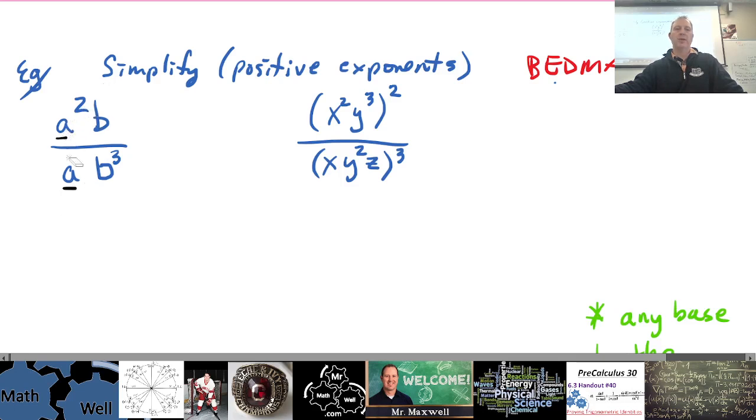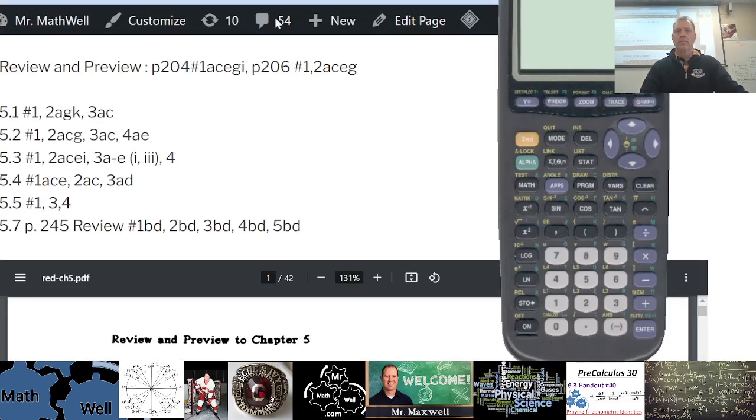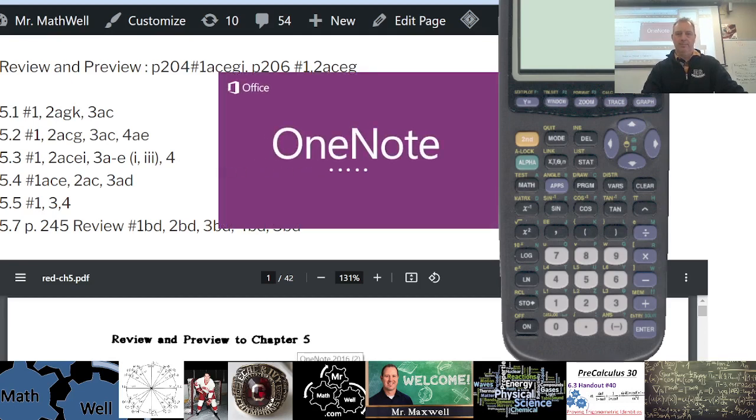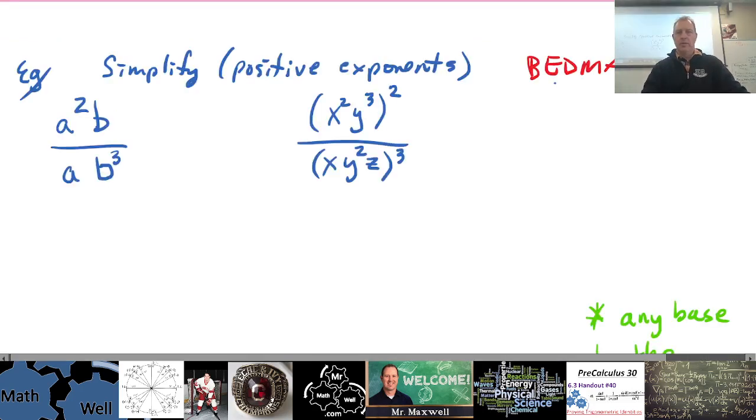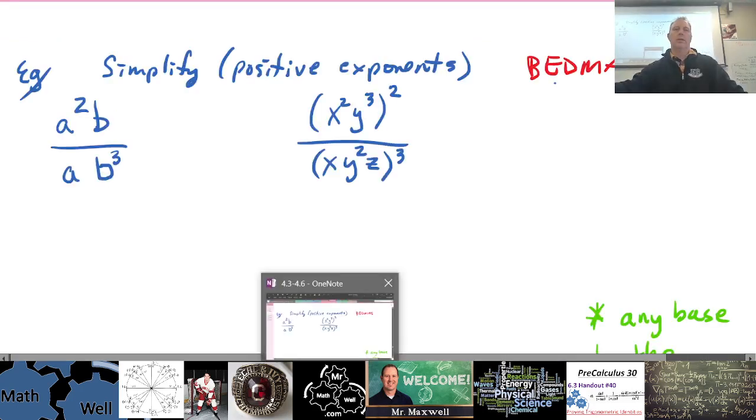You see a squared here, and this is a to the power of 1 here. Very good. So this is b to the power of 1. This is a to the power of 1.